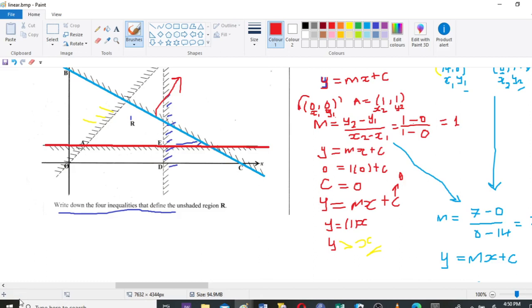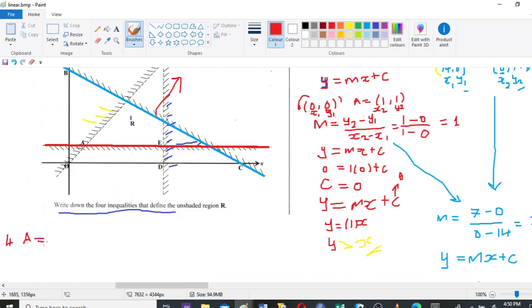Why are we going to pick this to be y greater than 1? Look at the points for A. So this is our fourth equation, not the third.